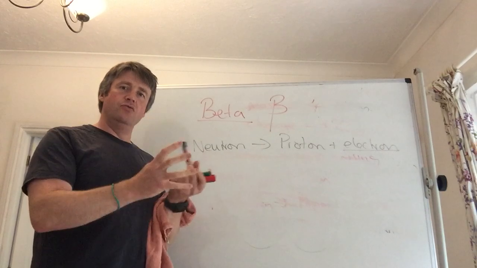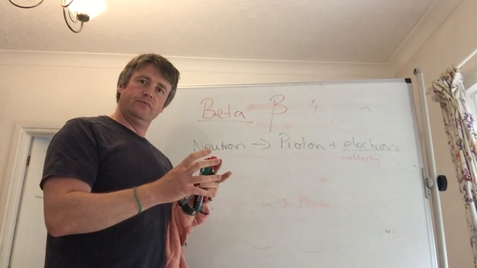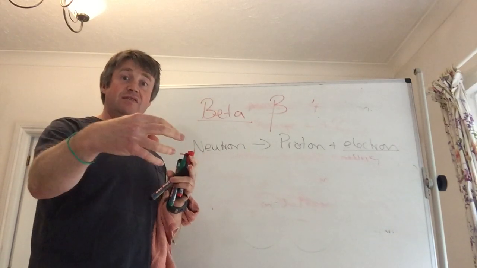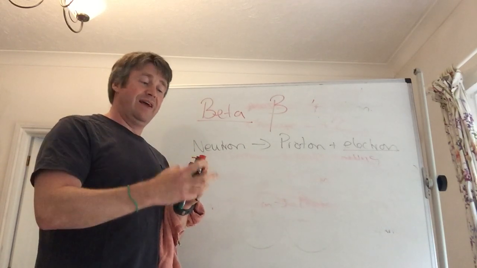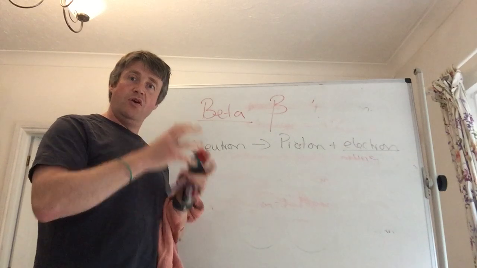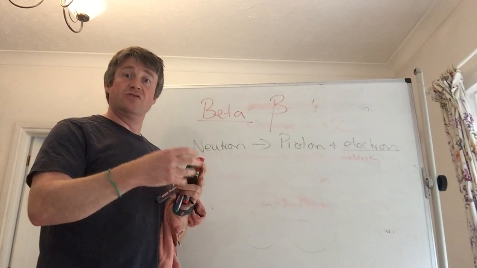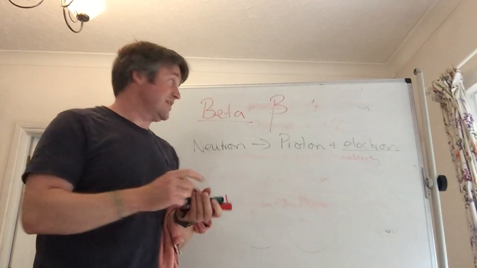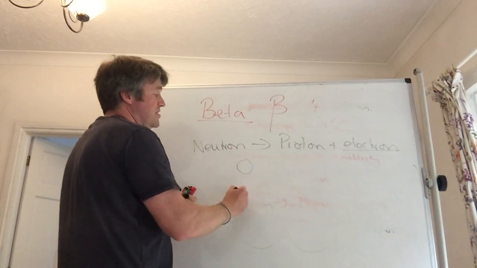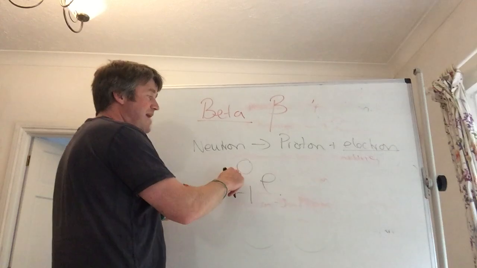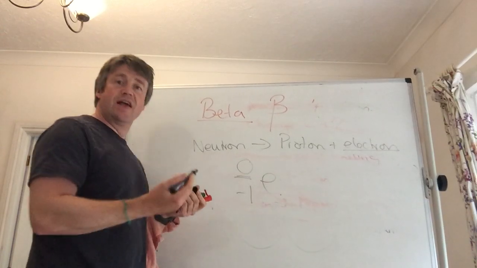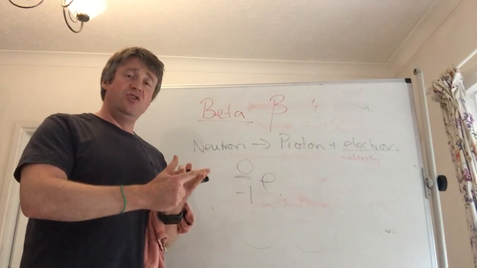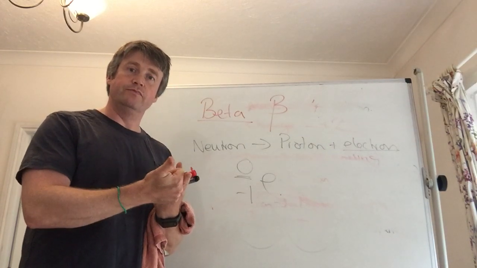So if you think you've got a neutron which has a neutral charge, that breaks down and an electron is emitted, that leaves the atom, and that leaves behind a proton, because the neutron's lost a bit of negative charge, so it becomes positive. And that's why, if you remember the 0 and minus 1, the mass stays the same. The atomic mass of the element stays the same because a neutron has just turned into a proton.